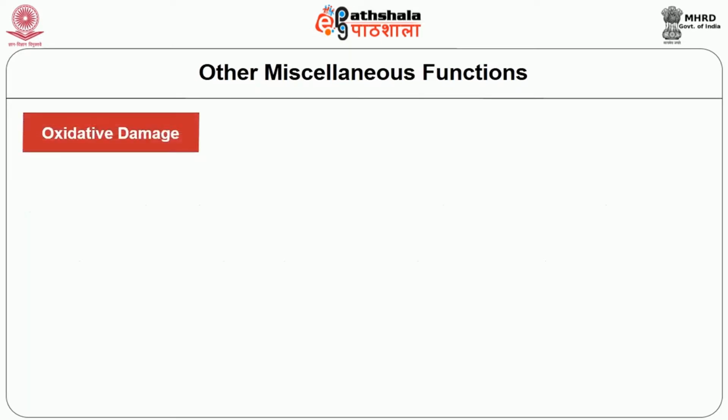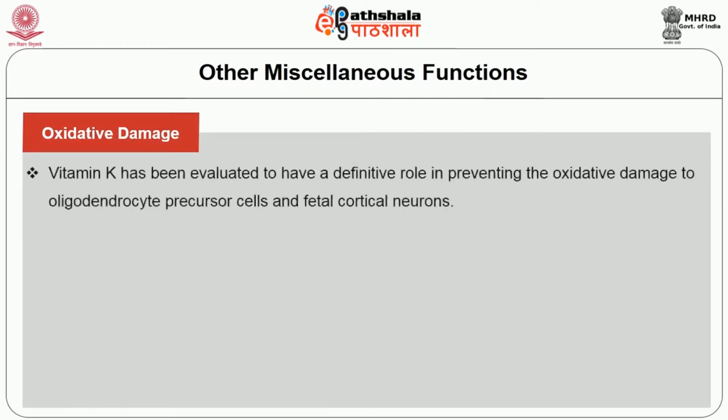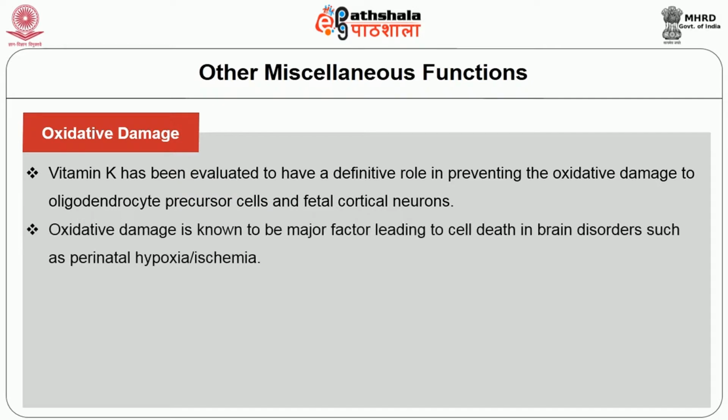Next, with regard to oxidative damage, vitamin K has been evaluated to have a definitive role in preventing oxidative damage to oligodendrocyte precursor cells and fetal cortical neurons. Oxidative damage is known to be the major factor leading to cell death in brain disorders such as perinatal hypoxia or ischemia.